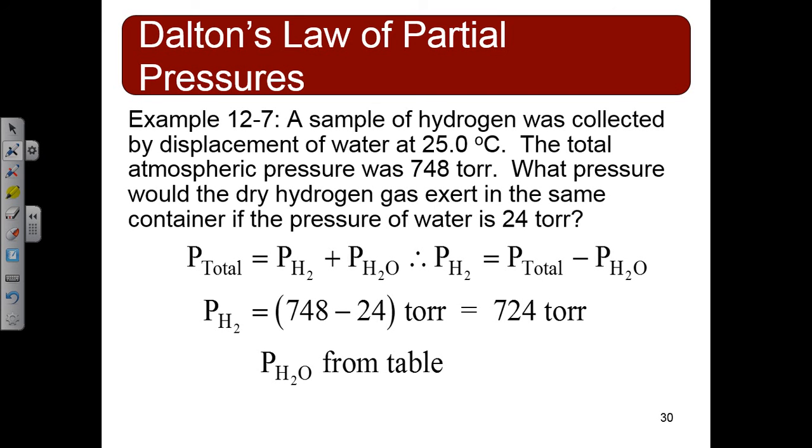If the total pressure in the room is 748 and the only other gases you have are the hydrogen and the water, then you take 748 minus 24, and what's left over has to be the pressure of the hydrogen, or the gas that you are looking for. Does that make sense?